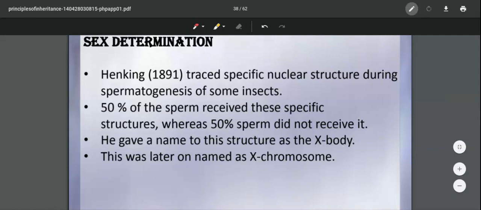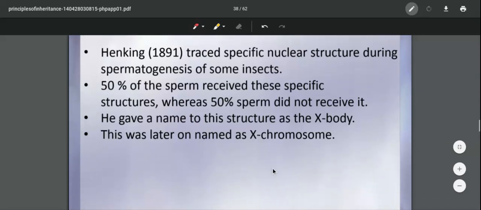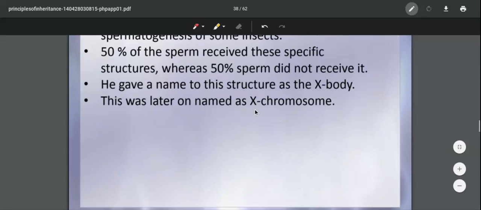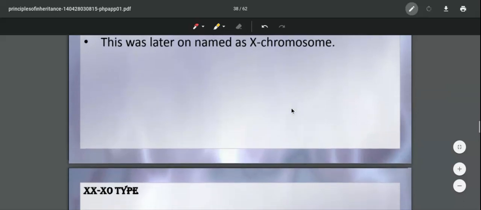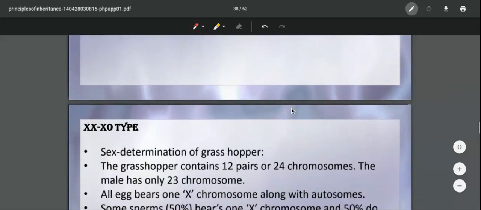So the nuclear structure that Henking was talking about, that 50% of the sperms receive, is the X chromosome. So sex is determined by these sex chromosomes called X chromosomes, and in some cases Y chromosomes.